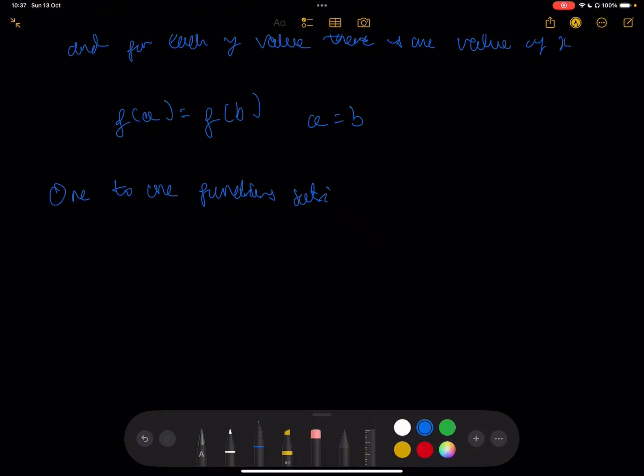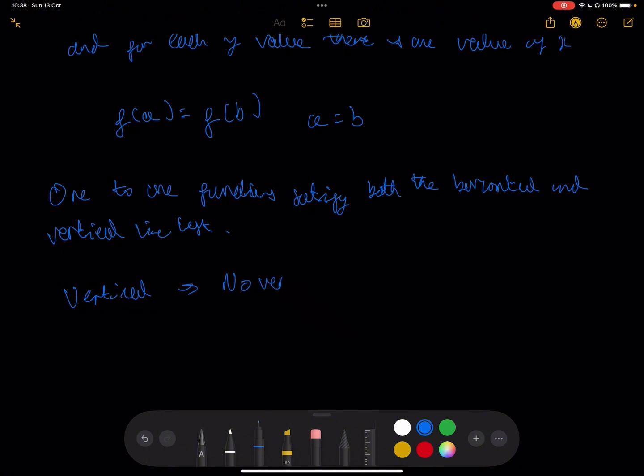One-to-one functions satisfy both the horizontal and vertical line test. Basically, for the vertical line test, it means that no vertical line can meet the graph more than once.